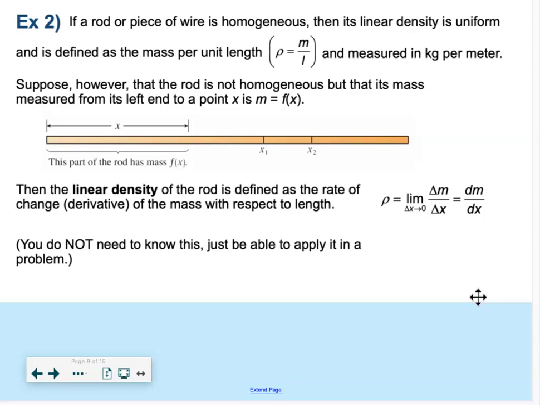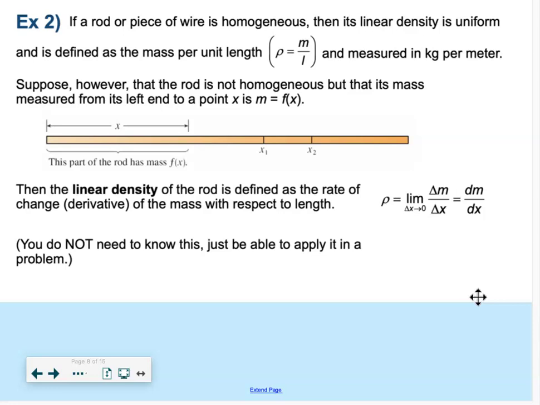So we do a lot with density in Calc 3, not so much linear density, but density over surfaces. But anyway, if a rod or piece of wire is homogeneous, then its linear density is uniform. And the density is defined as mass divided by length. In this case, it's kilograms per meter.